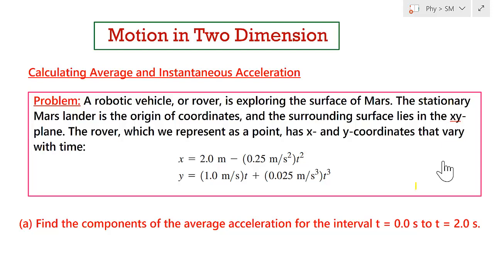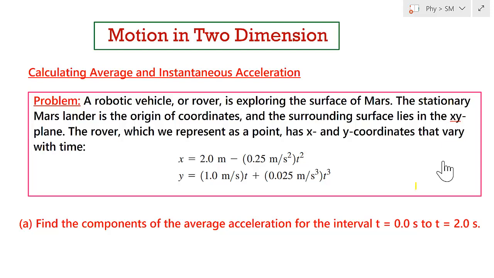Now we will try to illustrate that theory using a problem in this video. This problem we have already seen when we did the calculation of average velocity and instantaneous velocity. So this is the same problem, but now we are going to calculate average acceleration and instantaneous acceleration.